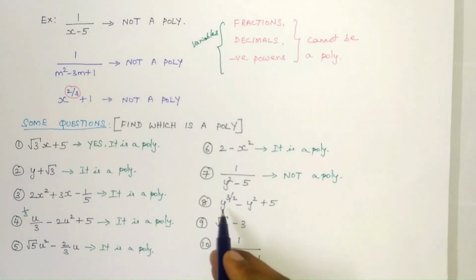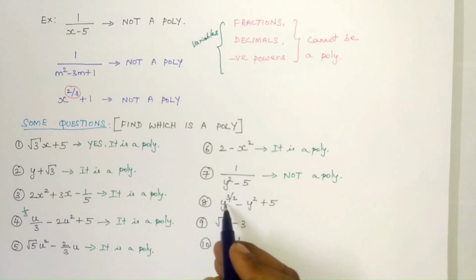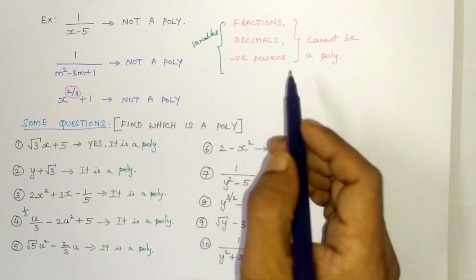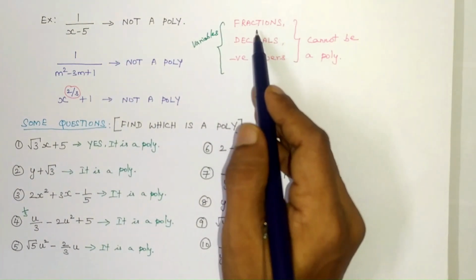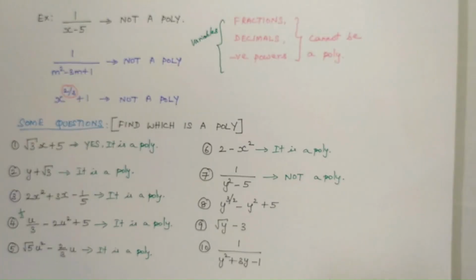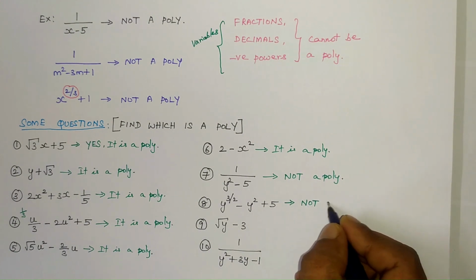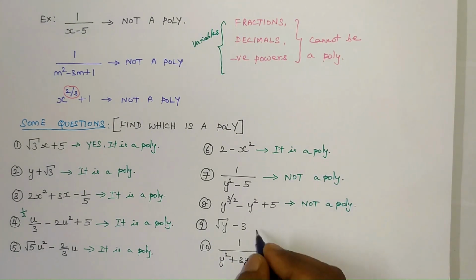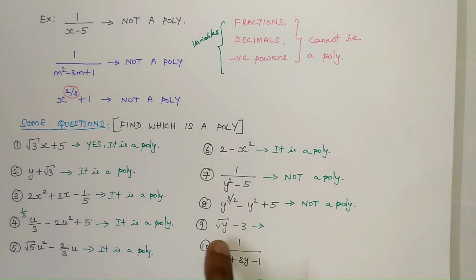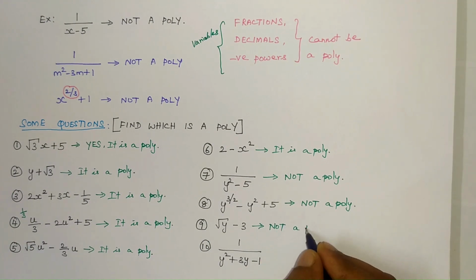Here the variable has a degree of 3 by 2, which cannot be accepted because the variable contains fractions. So it is not a polynomial. Here also the variable is under a square root, so it is not a polynomial. Here it is a fraction, so it is not a polynomial.